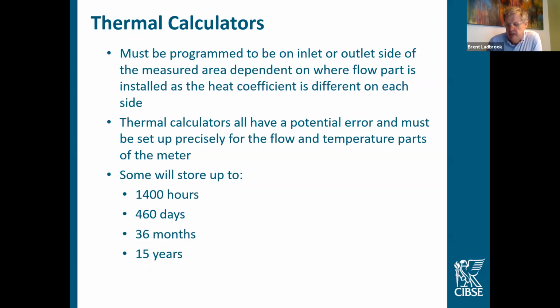Let's say it's a cooling application, it's going to apply the K factor for the return side because that's where it thinks the flow sensor is. So the return side is coming back at 12.5 degrees, but in reality it's actually measuring the volume at 6 degrees on the way out. So it'll be using the wrong K factor. Do you follow? Yeah, I think I'm clear on that now.